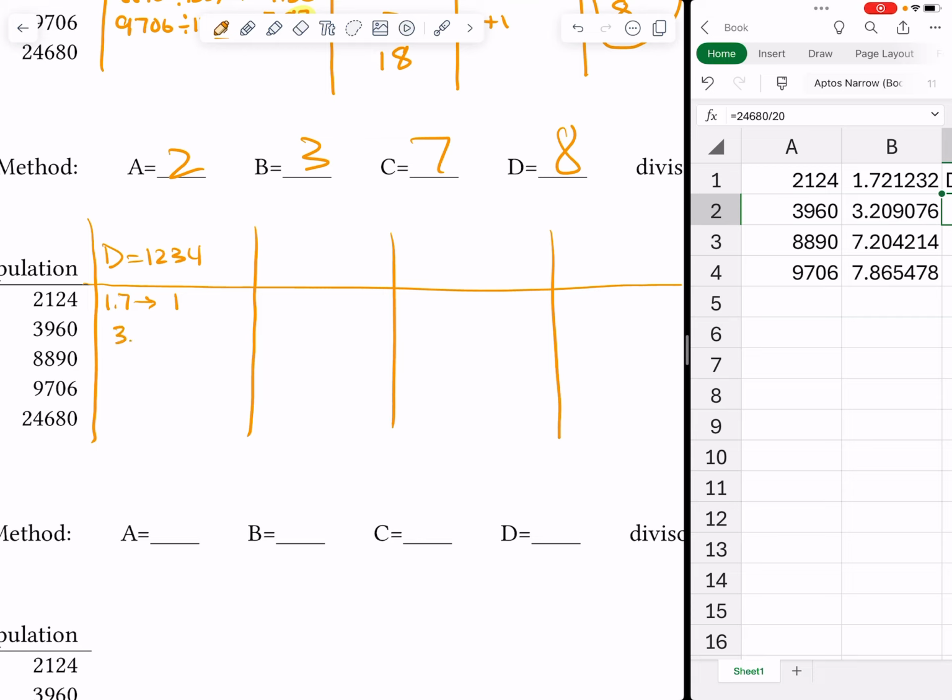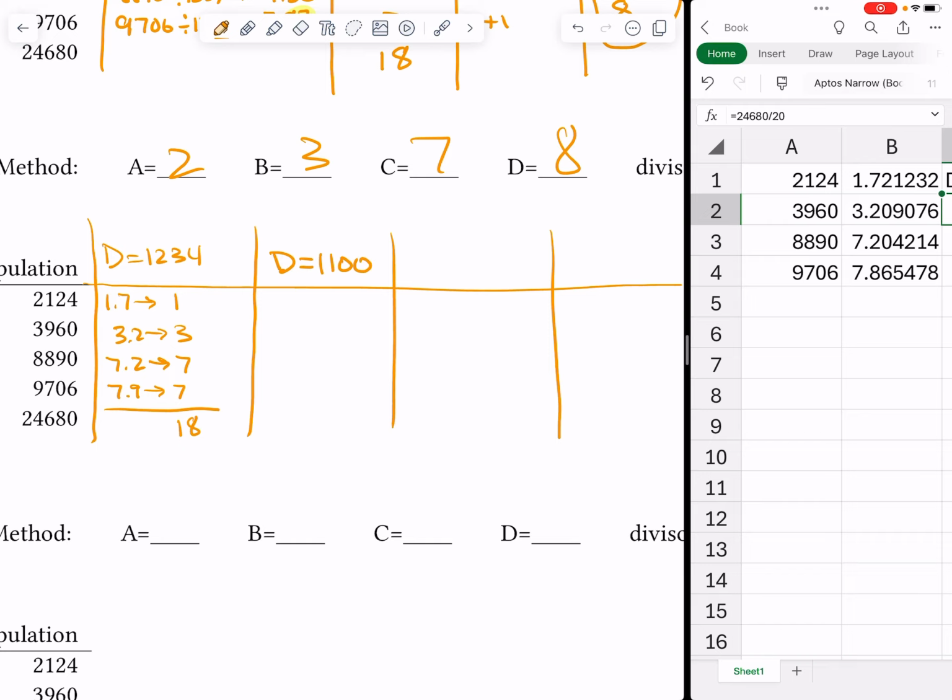This is 3.2. I know this isn't going to work, but I just want to establish the pattern. 7.9 rounds down to 7, and the total here is 18.